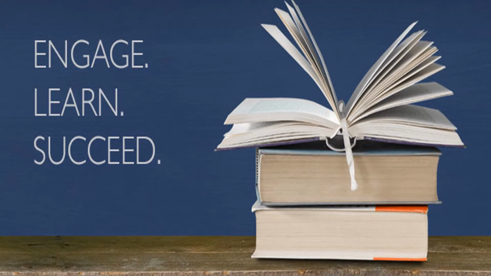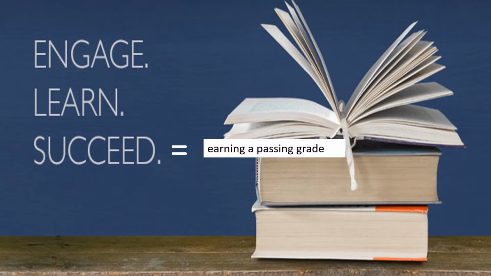Now, success in completing a course can be measured in two different ways. We tend to think about this mostly in terms of the first way, which is that success equals earning a passing grade. Grades are a measure of learning, though. So the goal in taking a course is not actually the grade that you get on your transcript at the end, but what that grade measures, which is how much you learned.